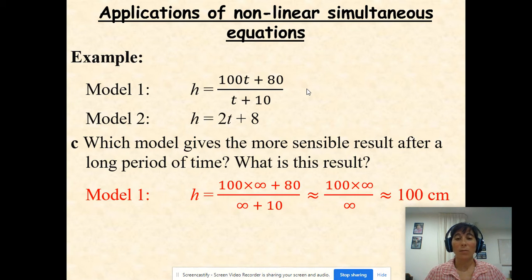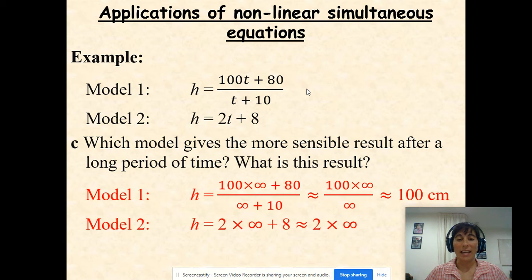So it's kind of like the top line would just be 100 times infinity. On the bottom line, infinity plus 10, well, the 10 is insignificant. So it's just like looking at infinity. So you've got 100 infinity, all divided by infinity. The infinity on the top and bottom line will cancel. So that means you'd just be left with 100, or 100 centimetres.